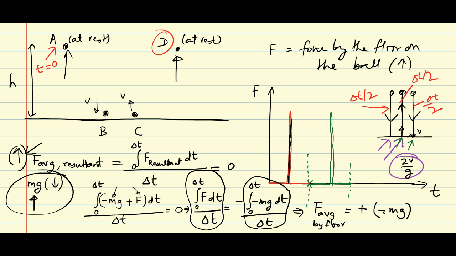So the answer turns out to be plus. The average force exerted by the floor on the ball during one cycle is plus mg, which means mg in the upward direction. And now you apply Newton's third law. The average force exerted on the floor by the ball is mg, the same mg, but now in the downward direction. So that's another way to solve the problem.